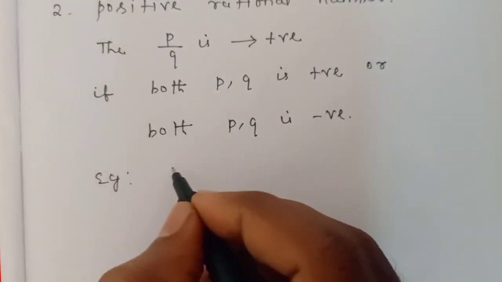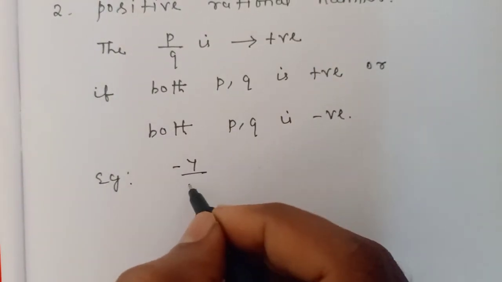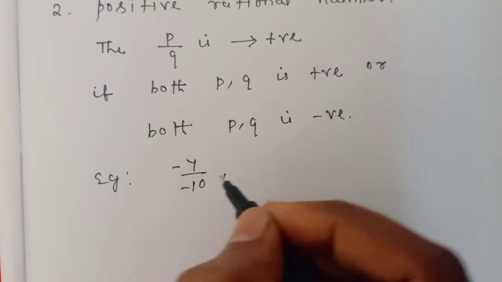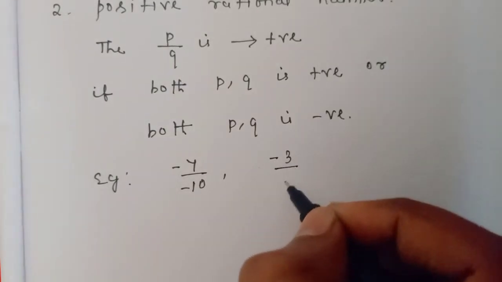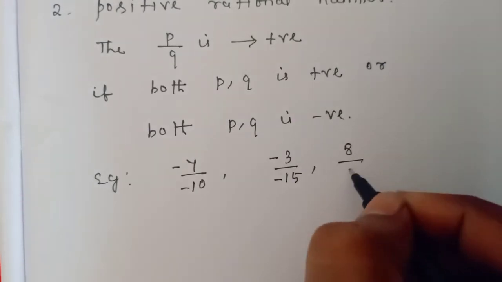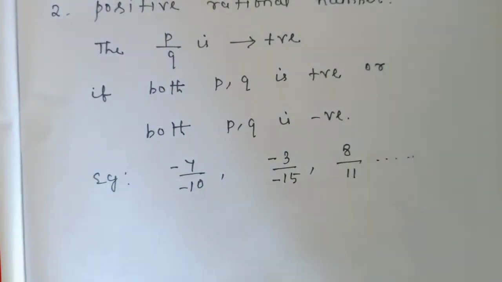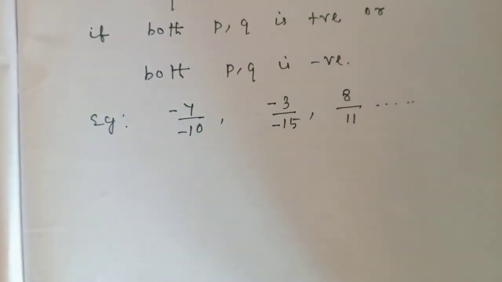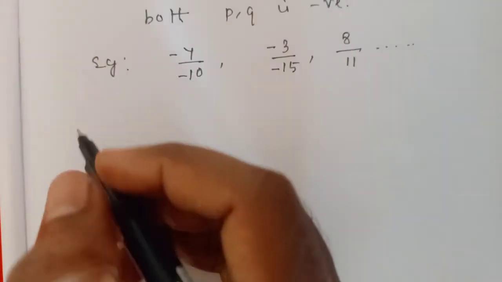For example, minus 7 by minus 10, minus 3 by minus 15, 8 by 11 and so on. Many examples. So these numbers are called positive rational numbers.